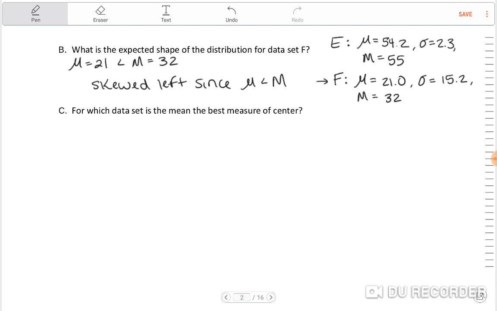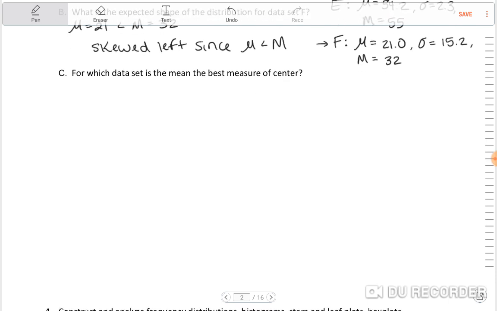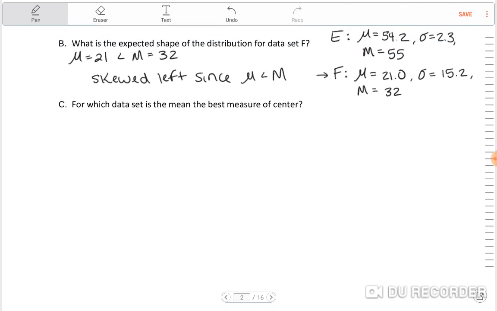Okay, for which data set is the mean the best measure of center? Coming back to resistance and what it means to be resistant: now, the difference between mean and median. Mean is using all your data points, so it does not suffer any loss of data because you use every single data point.